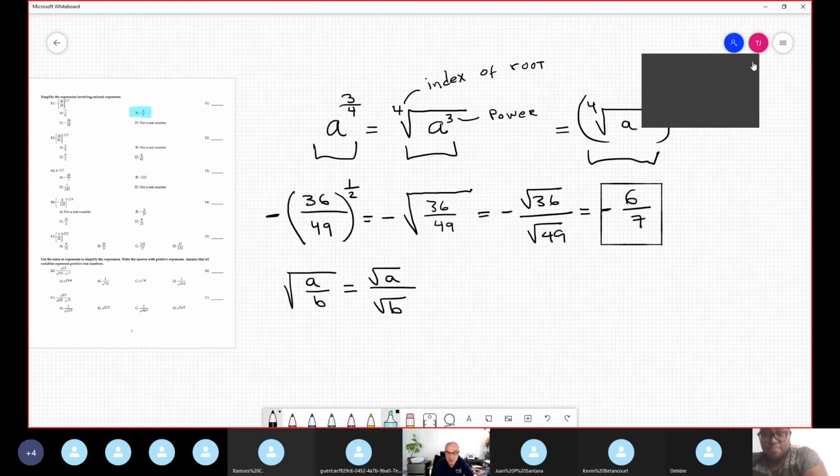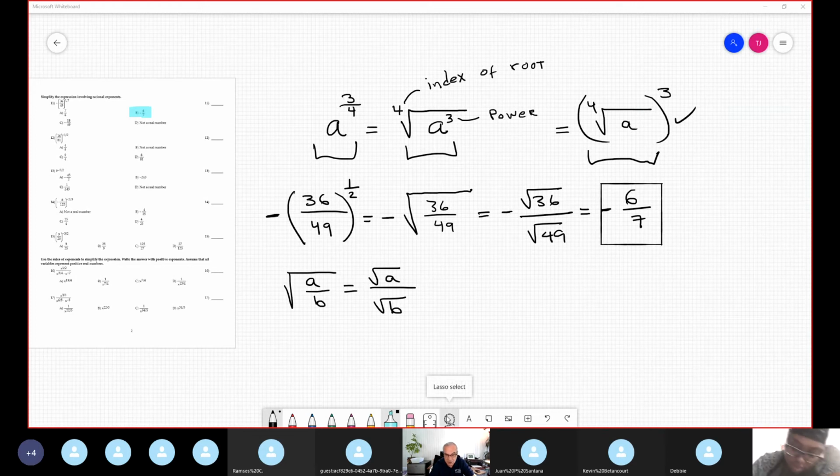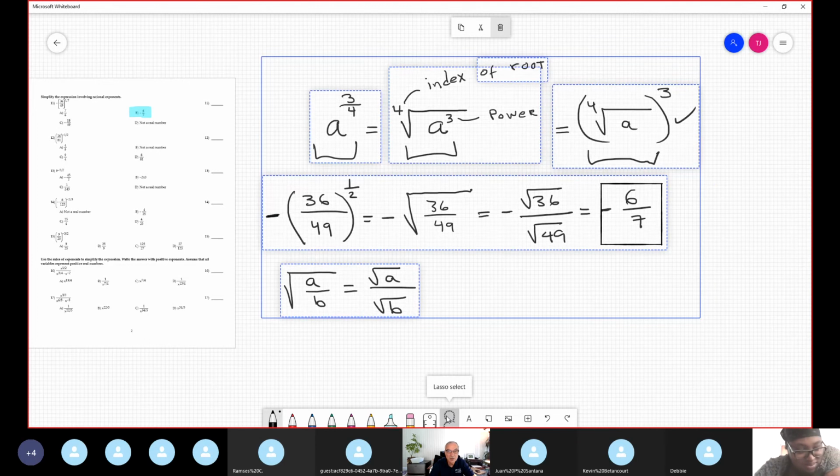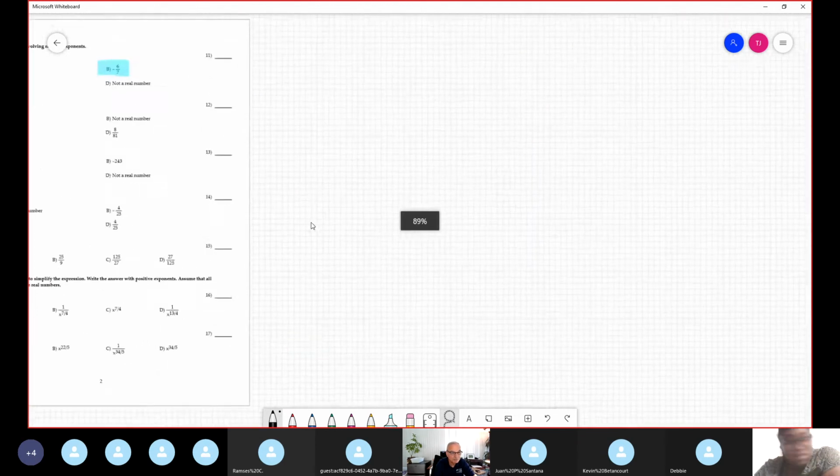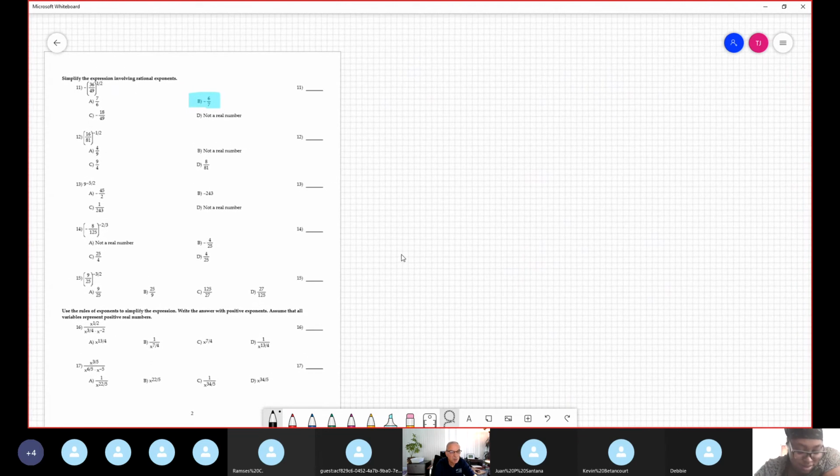Okay. Let's continue doing another example of the simplification of exponent expressions. Using positive, using negative, using fraction exponent. Okay. Look. Number 12 looks a little bit weird.